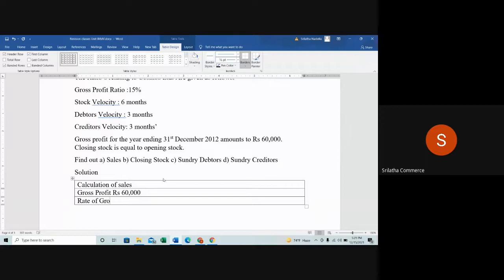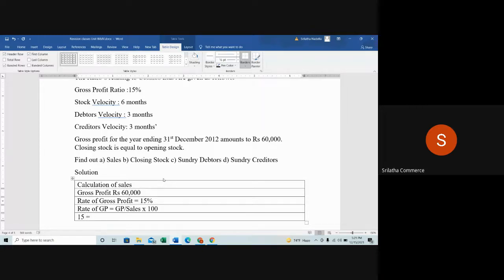Rate of gross profit is equal to 15%. What is the formula for rate of gross profit? Rate of GP is equal to gross profit divided by sales into 100, isn't it? This is the rate of gross profit. So the rate of gross profit is equal to 15.